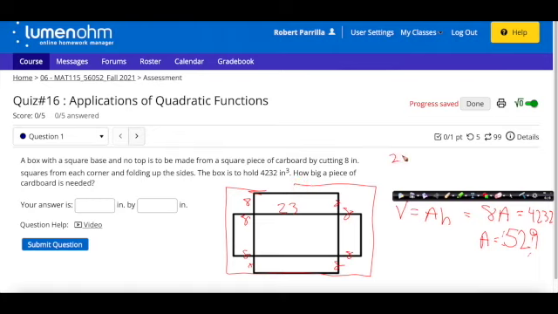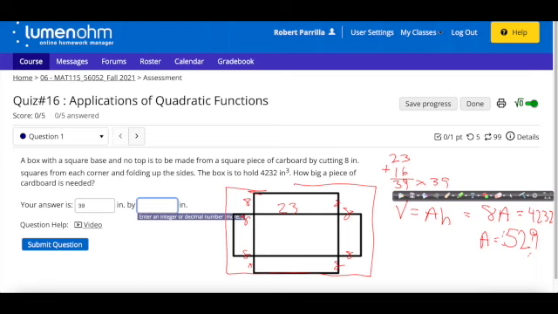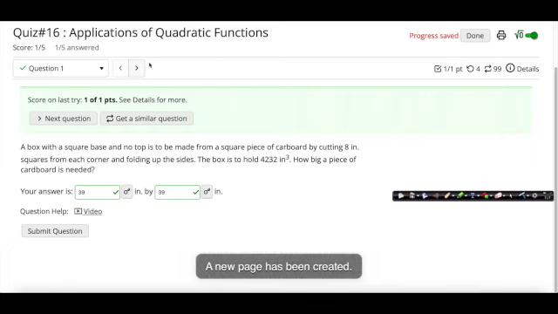So it's going to be 23 plus 16, aka 39 by 39. That's the dimension of the original piece of cardboard, and that's what this question is asking for. So we're going to give it that. 39 here and 39 here. Easy. Okay, so we got that one. We're taking care of that. Let's move on to the next problem.